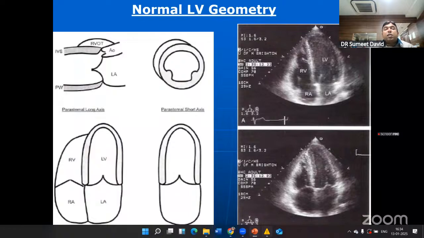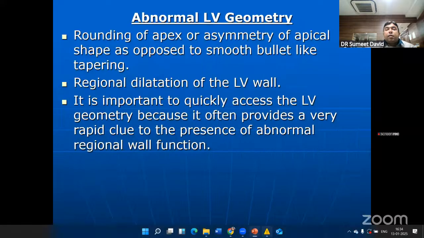Parasternal long axis, you can see the RVOT, and normally how it looks like, posterior wall, interventricular septum. Parasternal short axis, how it looks like, apical four chamber, how it looks like, apical two chamber, how it looks like. This is the normal LV geometry. So abnormal is rounding of the apex or asymmetry of the apical shape as opposed to a smooth bullet-like shape.